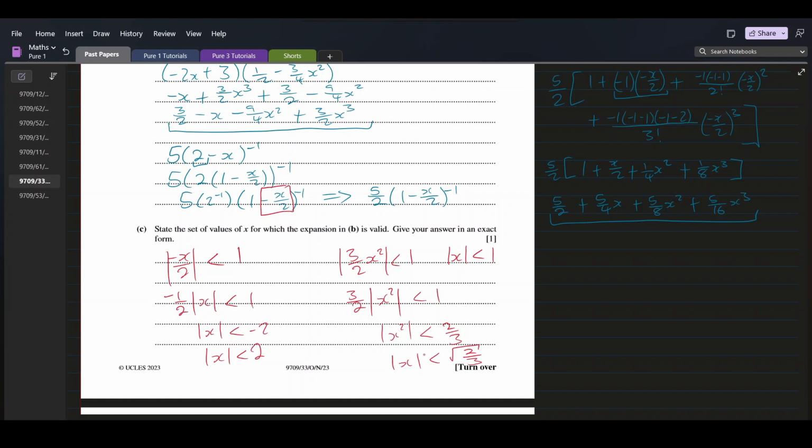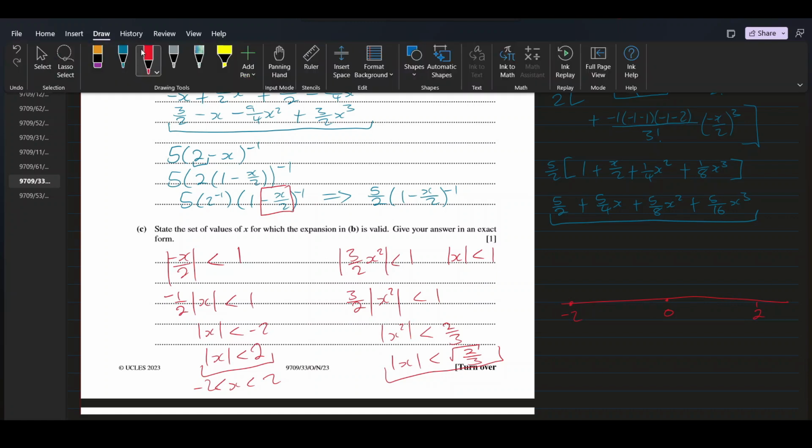Now we need to check which one of these two inequalities satisfies both regions. So if I draw a number line here, mod x is less than 2 means that x is between negative 2 and 2. So negative 2 is here and our 0 would be there, so 2 should be somewhere there.